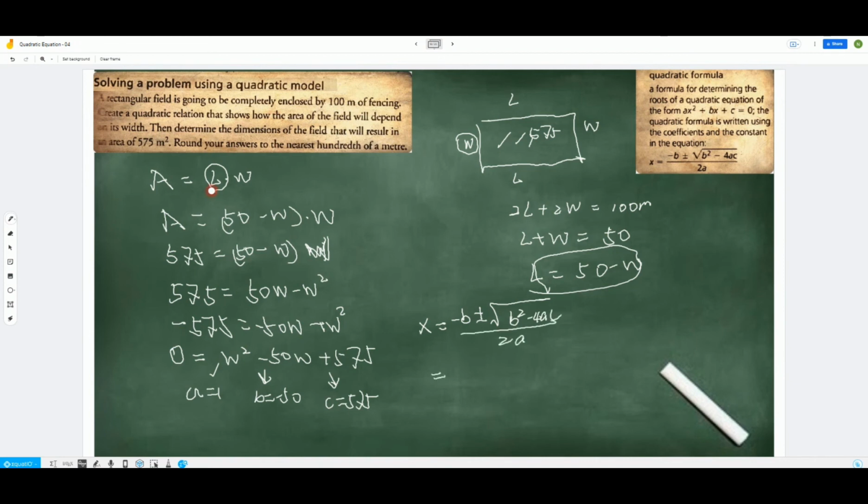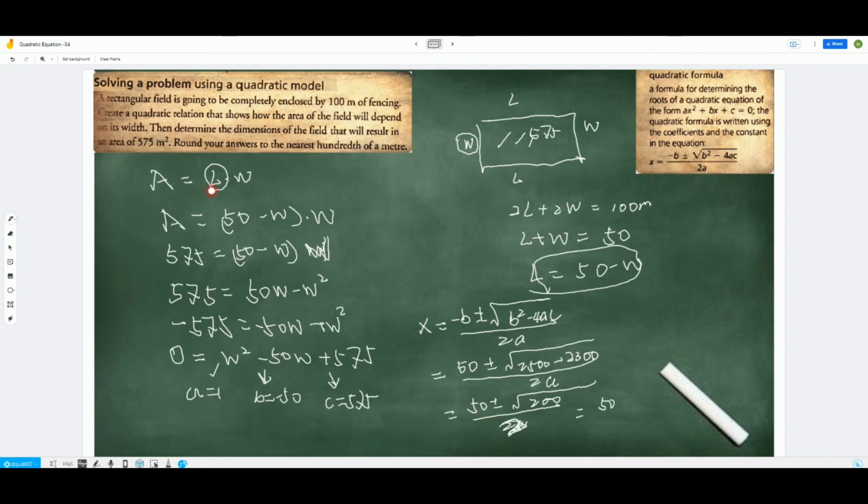Negative b is negative negative 50, which is 50, plus or minus the square root of b squared, 50 squared is 2500, minus 4ac, 4 times 1 times 575. I already calculated it, just putting the number here to save time, so the square root of 200, all over 2.